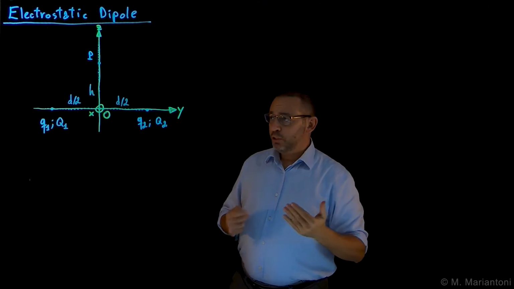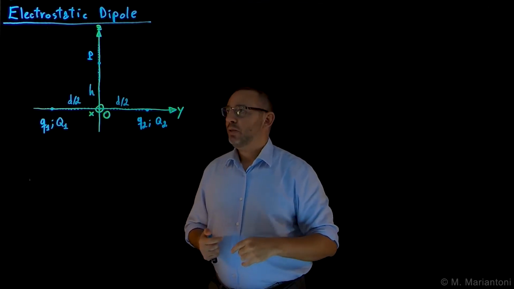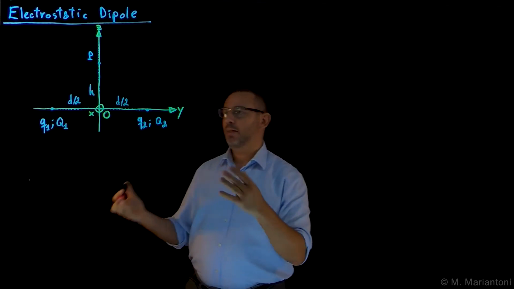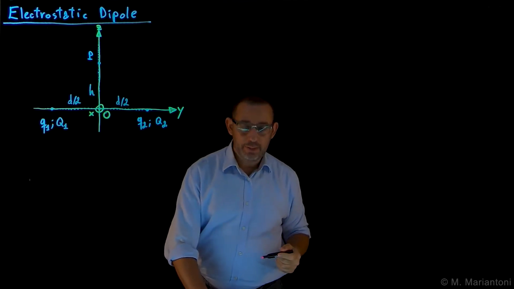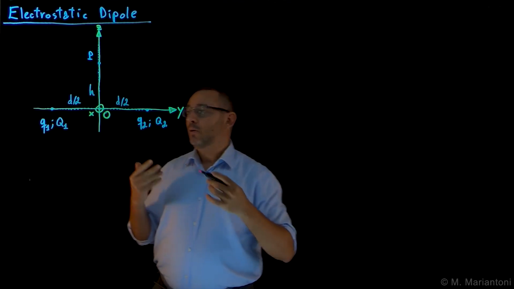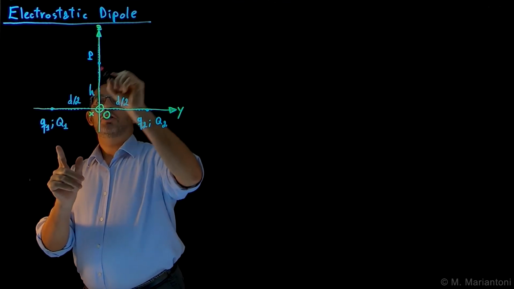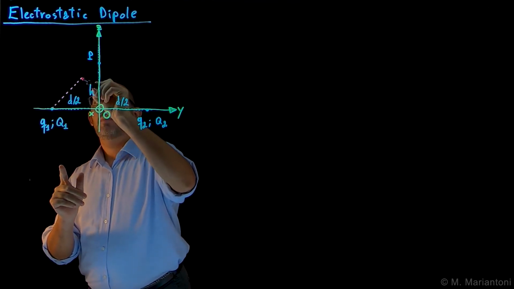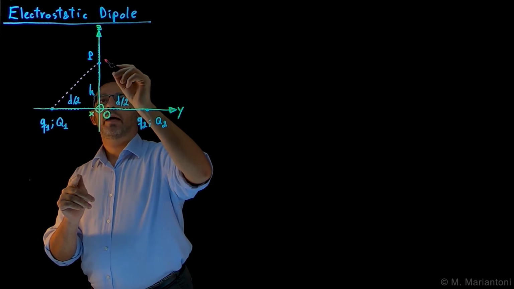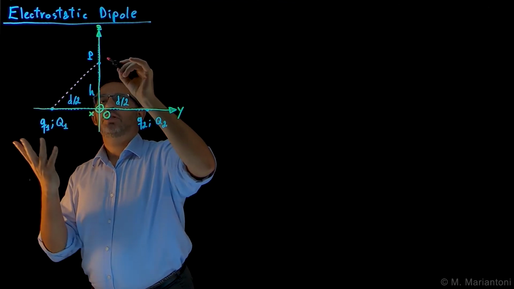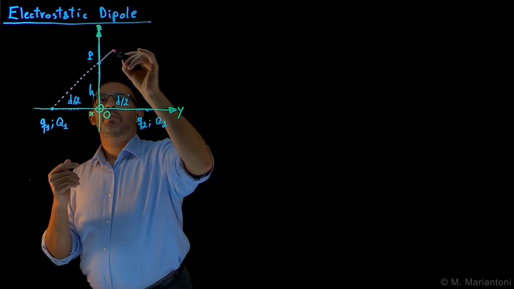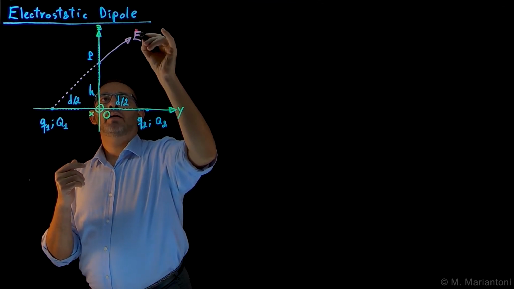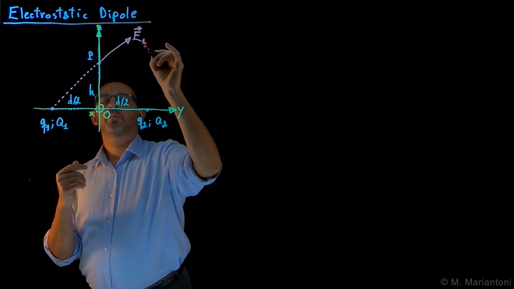The second step of the procedure to find the electrostatic field in this case is to identify all the vectors associated with this discrete charge distribution. So we know that the electrostatic field has to fulfill Coulomb's law, and so we know that Q1 will generate a field along this direction connecting Q1 and P. So for example, since we don't know anything about Q1, let's hypothesize that this is the vector E1 associated with Q1.